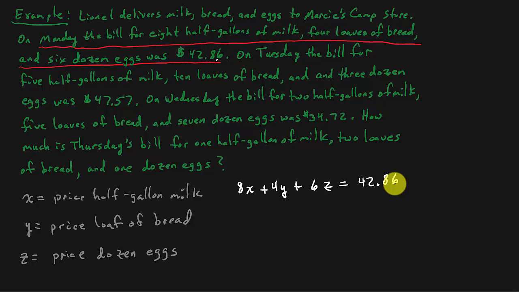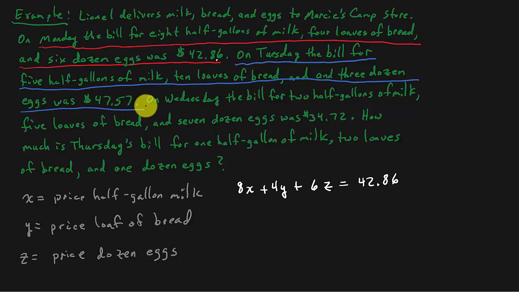Now let's look at Tuesday. We'll do that in blue, I guess. On Tuesday, we had this. And so 5 half-gallons of milk plus 10 loaves of bread plus, let's see, 5, 10, and 3 dozen eggs, so plus 3z, and that is equal to $47.57.